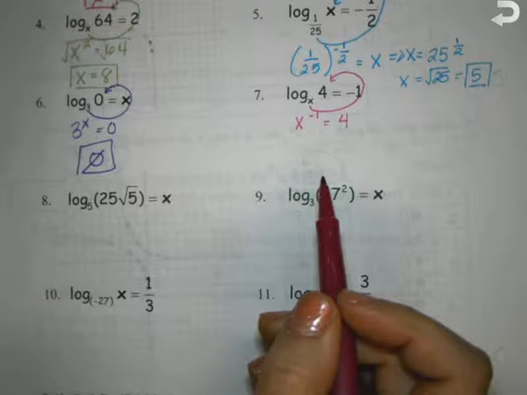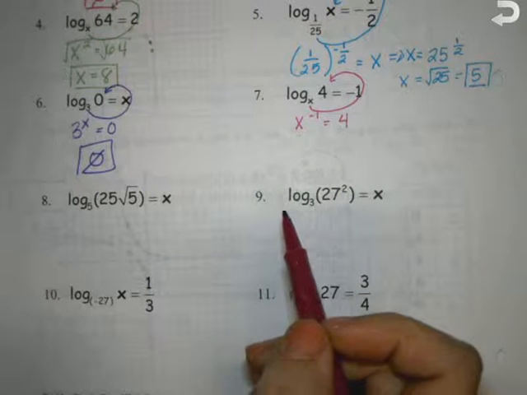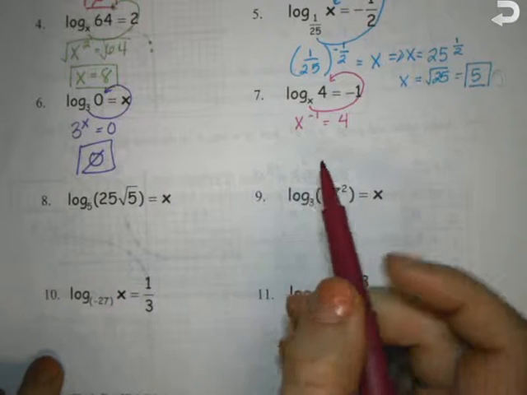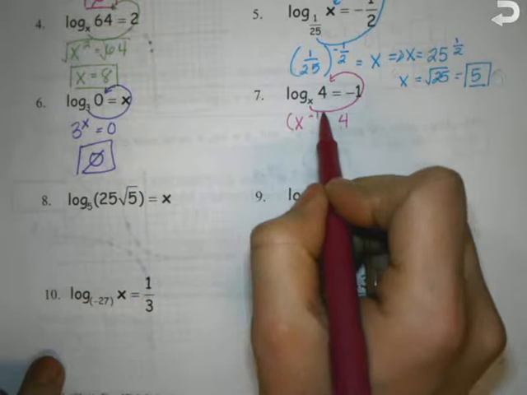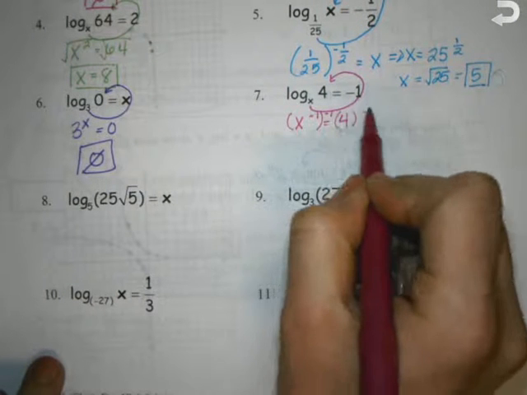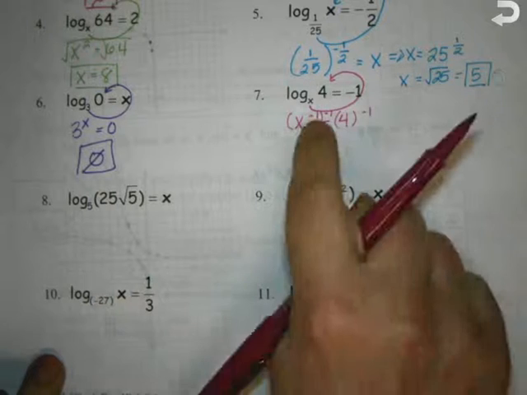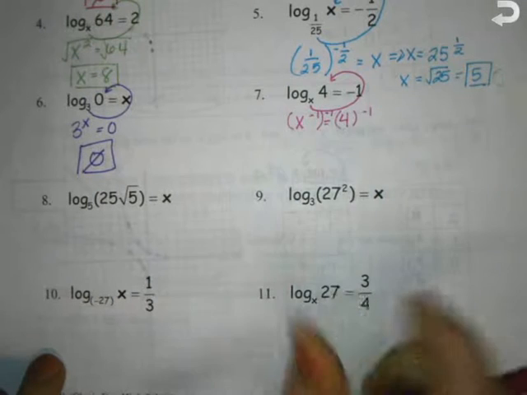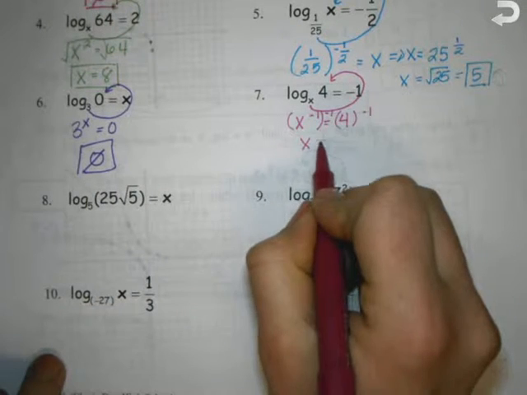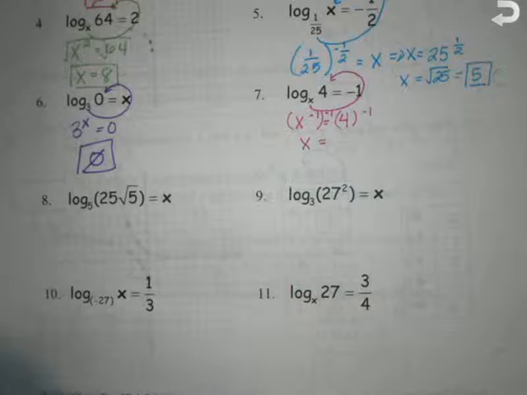You guys have any ideas? Okay, if I raise both sides to the negative 1, what's negative 1 times negative 1? Positive 1. So that's going to make this just an x, right? And what's 4 to the negative 1? 1/4.